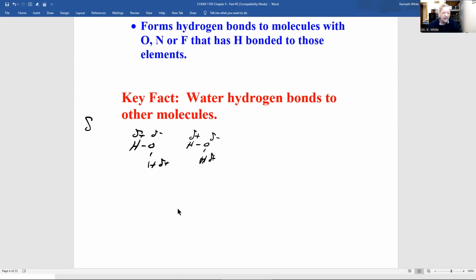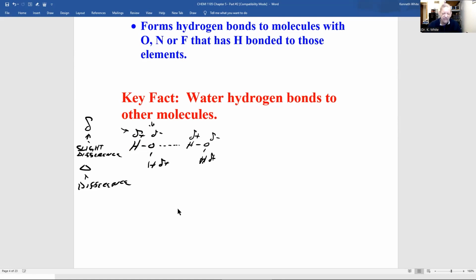This means slight or little. It's lowercase delta in Greek. This is uppercase, which means a difference, and this just means the capital delta difference. So there's a slight negative charge on oxygen and a slight positive charge on hydrogen.